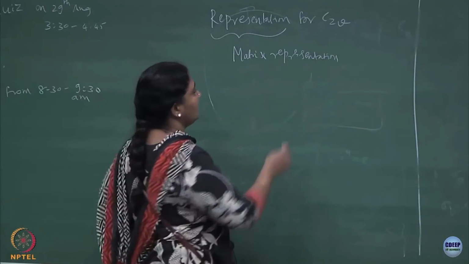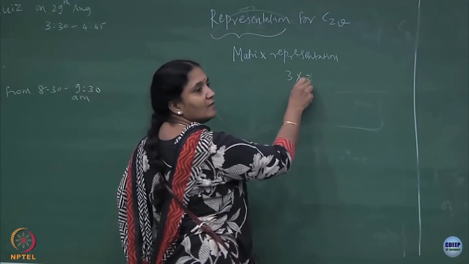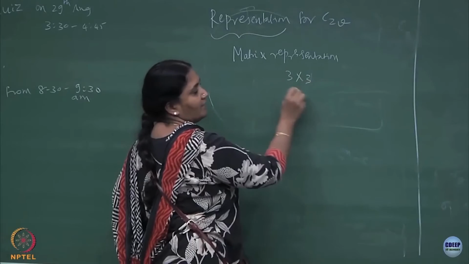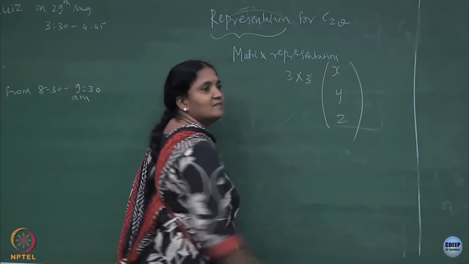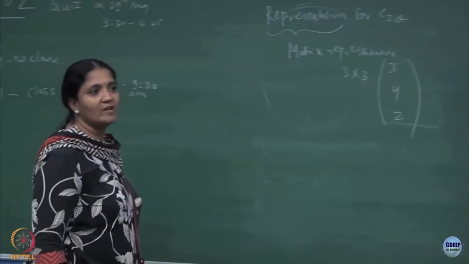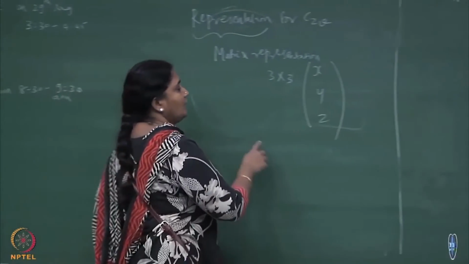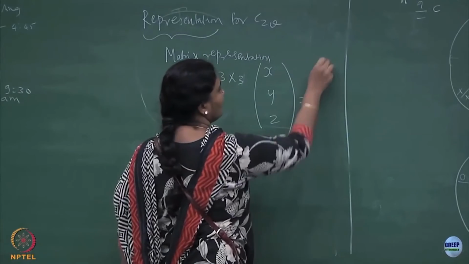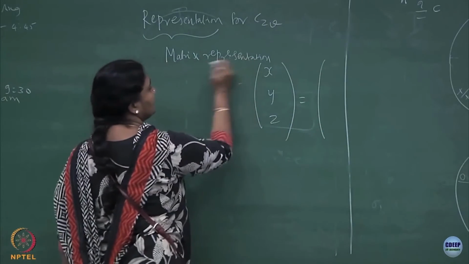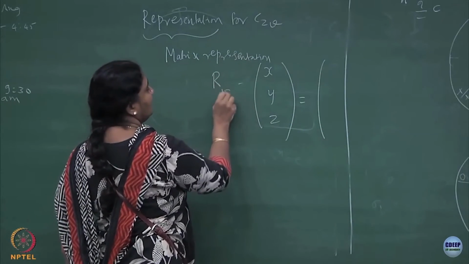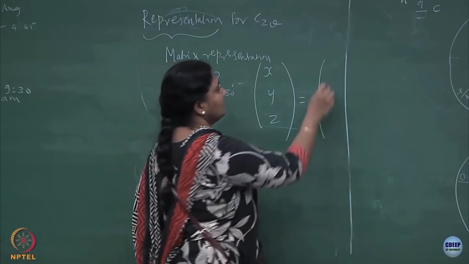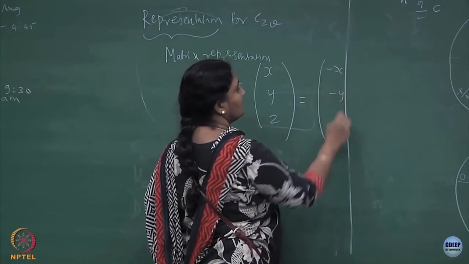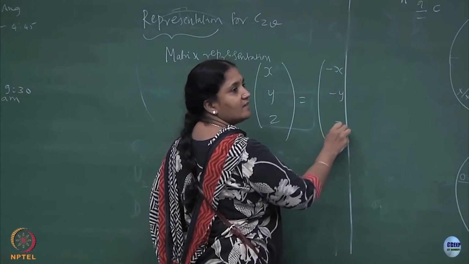Suppose this one is a 3 cross 3 matrix, you can treat this matrix to be operating on a space which has x, y, z coordinates, right, and you know what this answer will be. Suppose it is a rotation by 180 degrees, you know the answer has to be minus x, minus y and z.